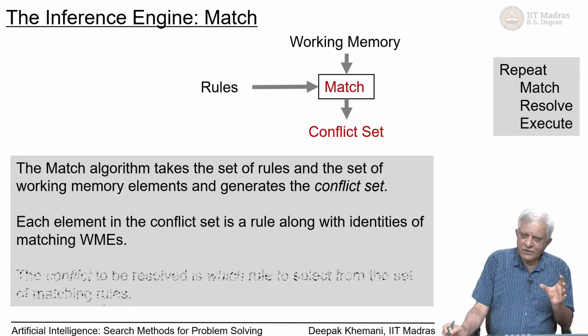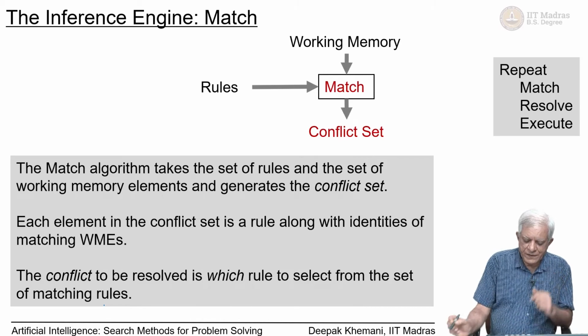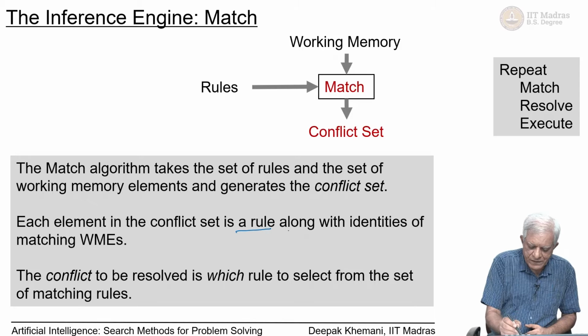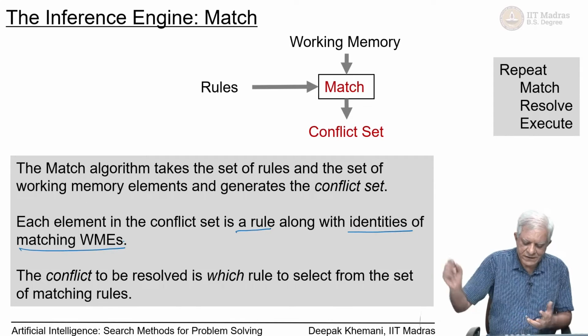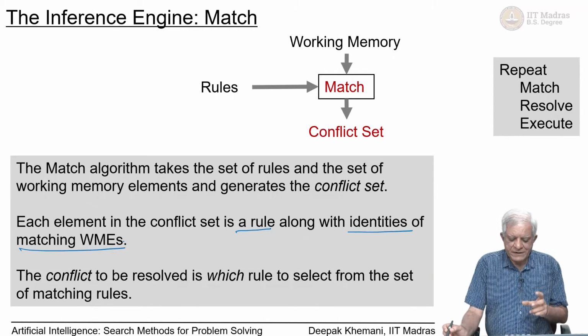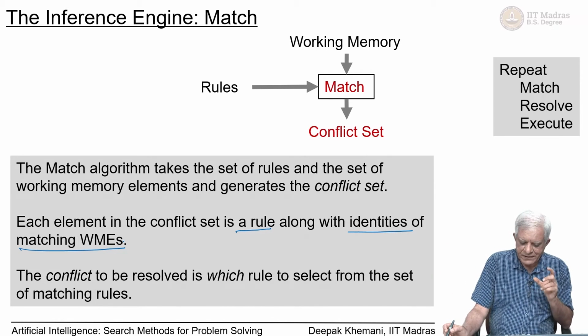Each element in the conflict set is a rule along with the identities of the matching working memory elements. We will see how they are identified in a moment, but basically every element in the conflict set is a rule and the data that it is matching in the working memory essentially.